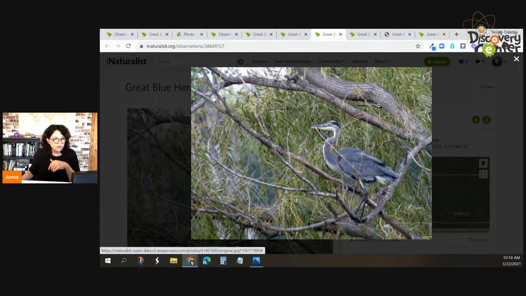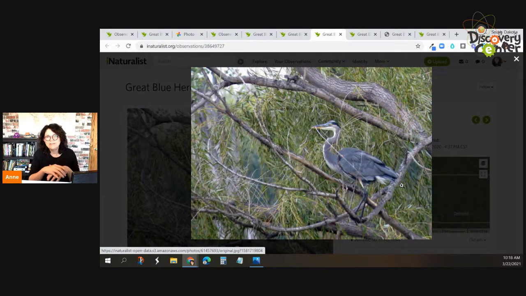But did you notice as you were making your observations the curve of the heron's neck and the curve of the tree, and how the heron's legs and the tree branches look very similar?